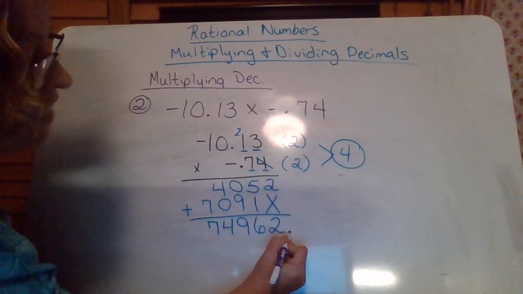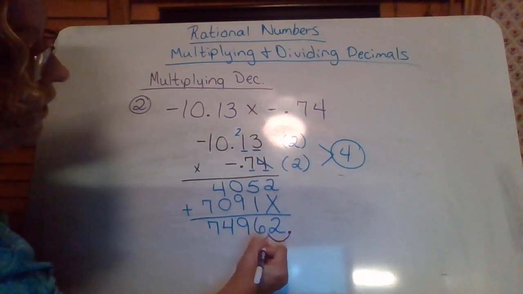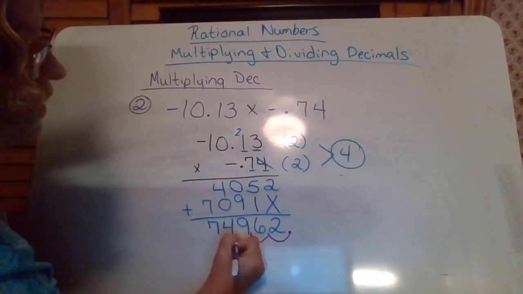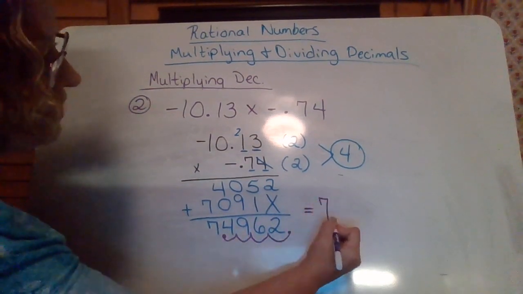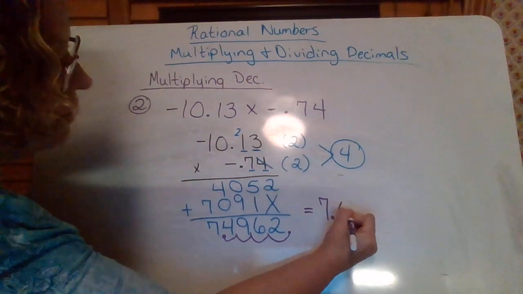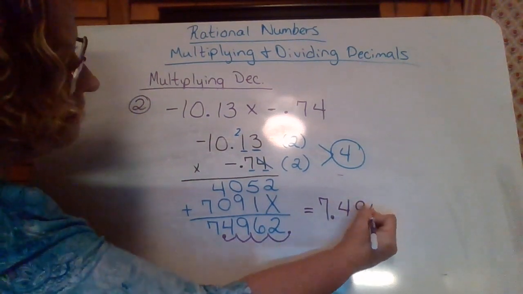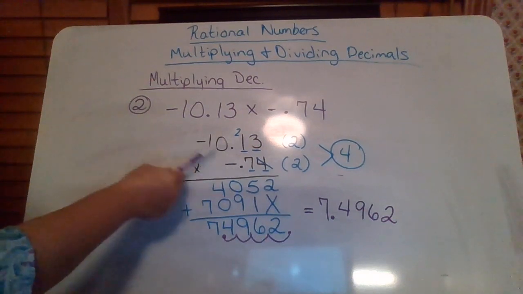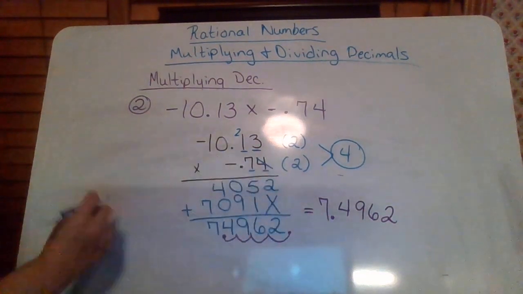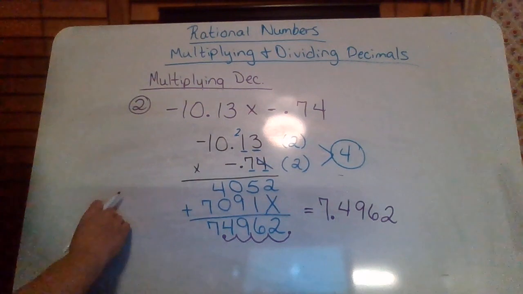I'm going to move it 4 times to the left. So 1, 2, 3, 4. So my final answer is 7.4962. And because both of these are negative, when I multiply it, it gives me a positive. And that would be your answer.